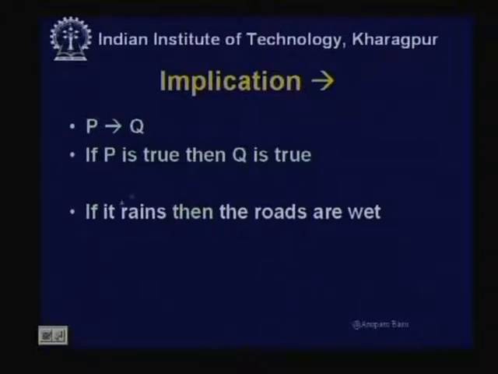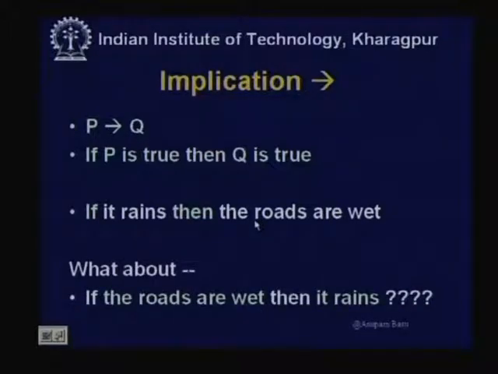Say for example, if it rains, then the roads are wet. So, it rains, that is my P, and the roads are wet, that is Q. If it rains is true, then the roads are wet. But if we say if the roads are wet, then it rains, is it an implication?